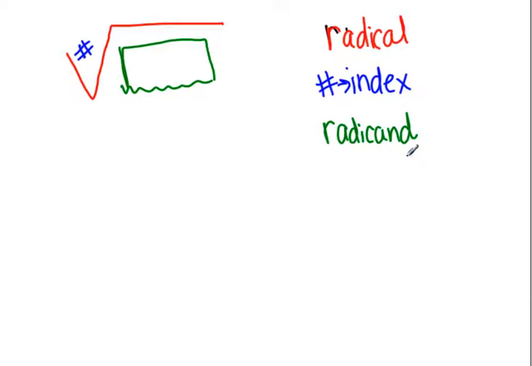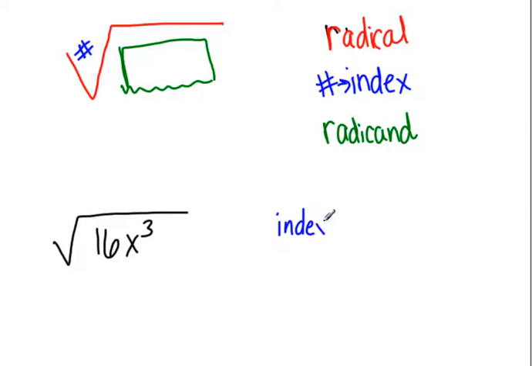Okay? So, if I had the square root of 16x to the third, what's my, I have a radical sign, right? What's my index number?